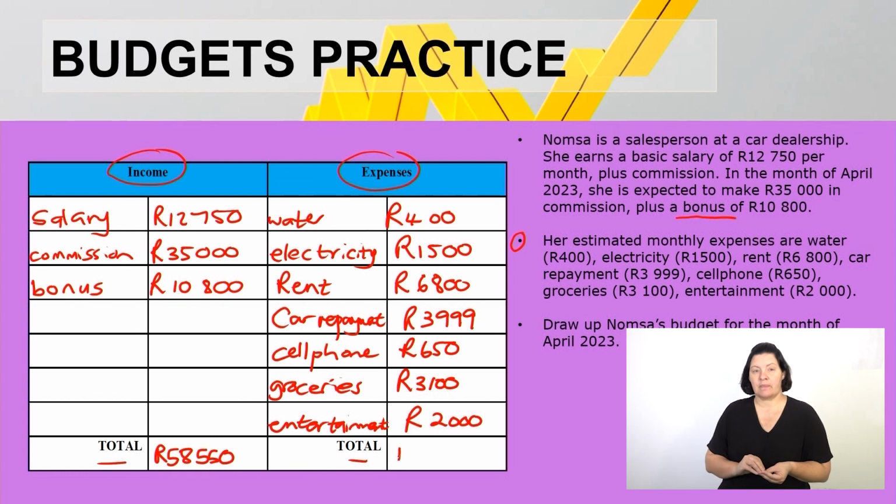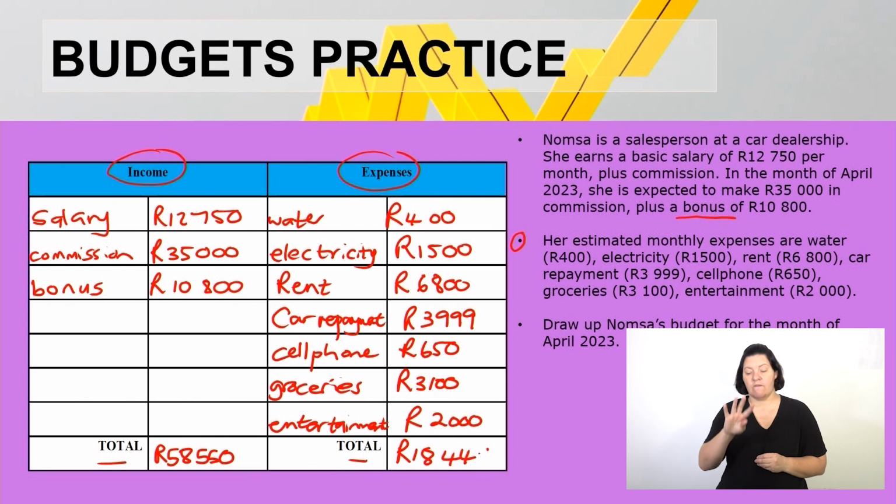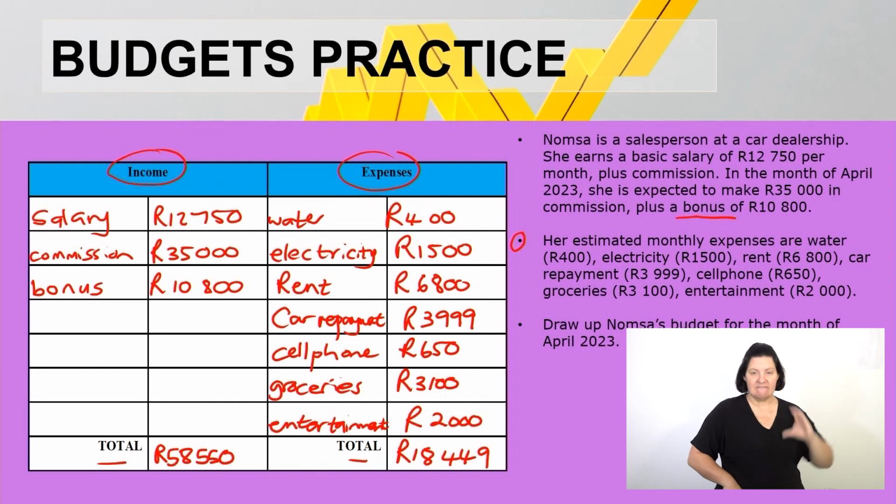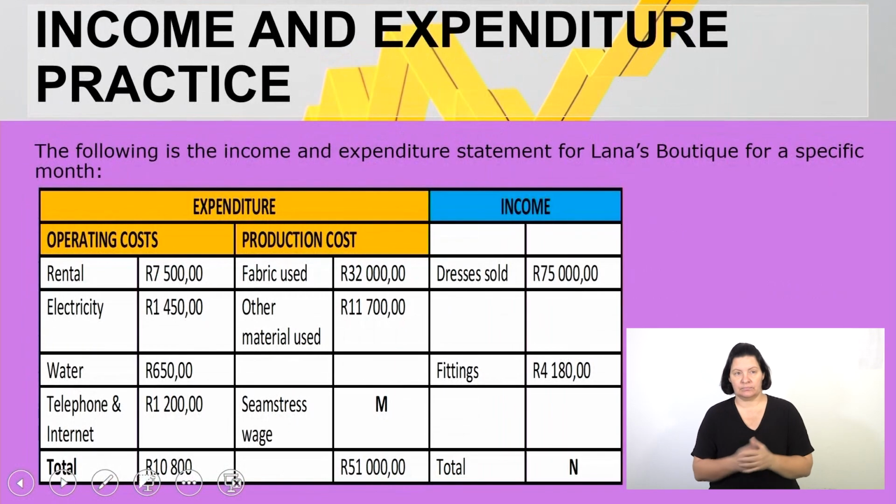So that will take us to 18,449 Rand. As you can see, Nomsa's income is definitely far more than her expenses, which is positive. Okay, let's now move on.